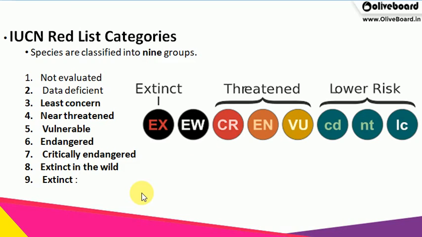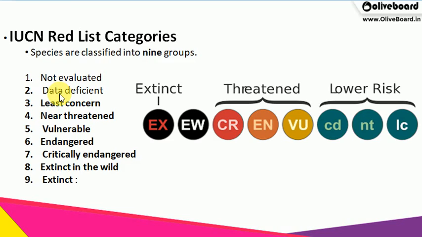The first one is not evaluated. They are not at all evaluated. They are not very important to evaluate at this point of time. A common example can be a housefly, which we find very commonly in our homes. Then we have black ants, very common.